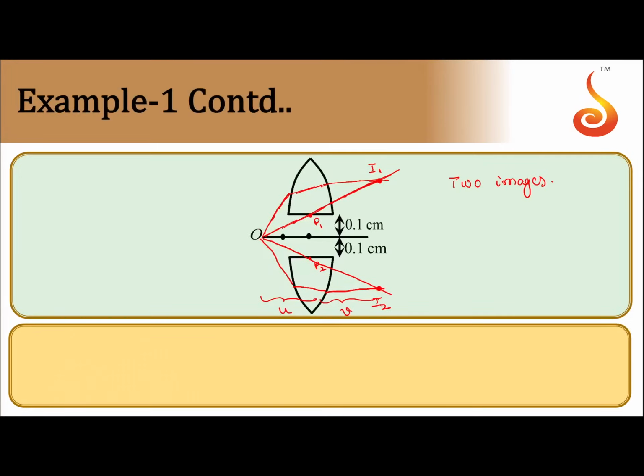So now to find the distance between the two images, which is I1, I2, I use similar triangles OP1P2 and OI1I2. From similar triangles OP1P2 and OI1I2, I can write P1P2 by magnitude of u is equal to I1I2 by magnitude of u plus magnitude of v.